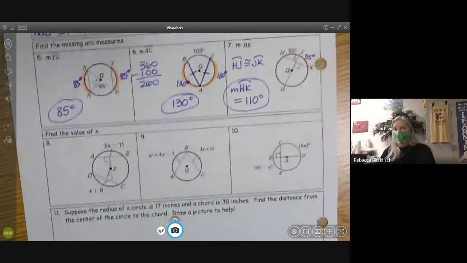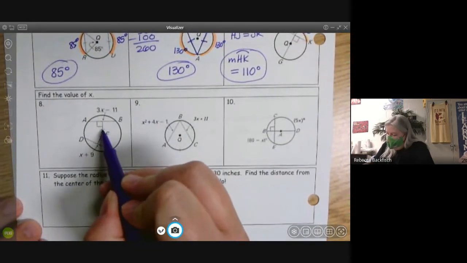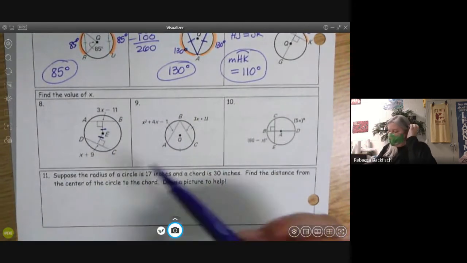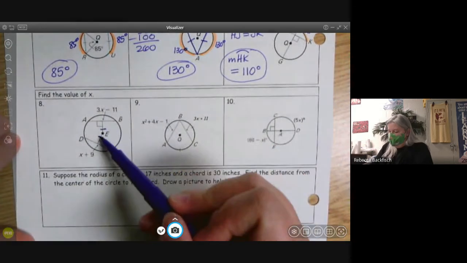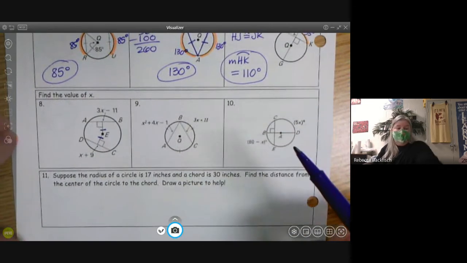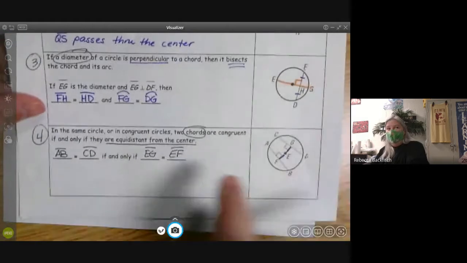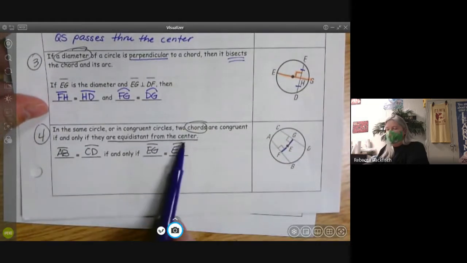Okay, next up on number 8, we have to figure out what it's telling me. These little marks right here, this one here and this one here, they're telling me that the distance from E to the chord, that little distance and this little distance are the same. Remember that chords that are the same distance from the center are congruent. That's that fourth property: two chords are congruent if and only if they are equidistant from the center.